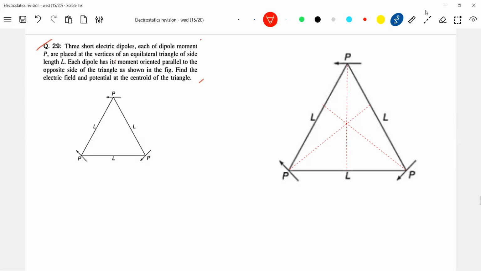There's a centroid. At this particular point, we have to calculate the field and the potential. I'm very sure the potential should be 0. Do you agree? Because on the bisector of a dipole, what will be the potential?